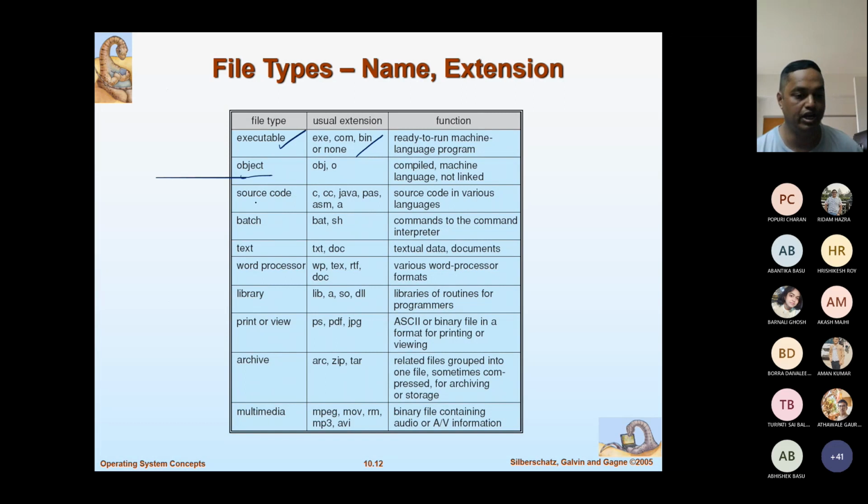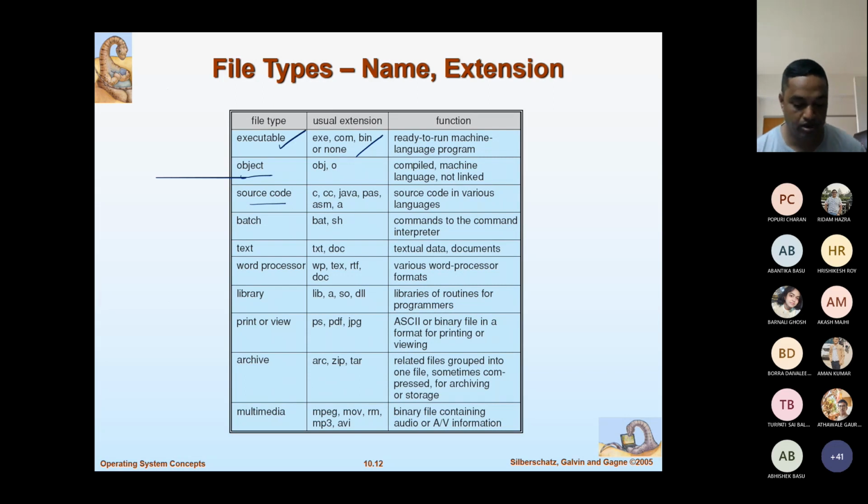If it is a source file, then .c, .java, .py, these are source files, which contain the source code of a program written in a particular programming language, maybe C, Java, Python, whatever.